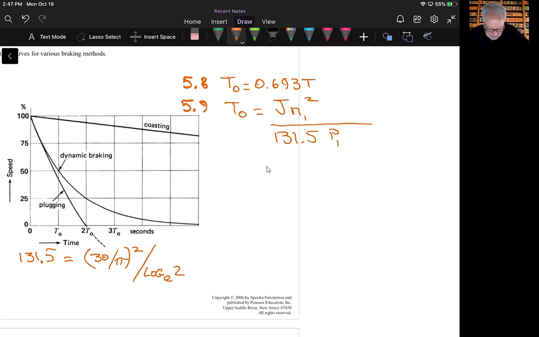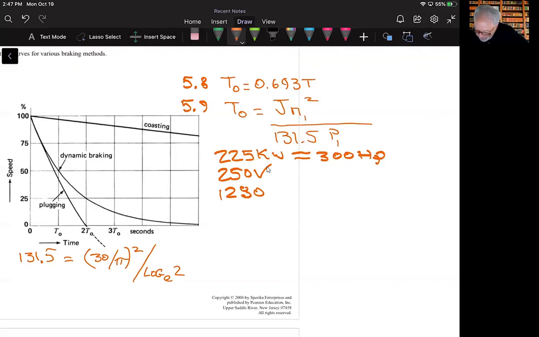So example 5.6 says that we have a 225 kilowatt, which is approximately 300 horsepower motor. That's a big motor, isn't it? It's rated at 250 volts. The rated speed is 1280 RPMs.